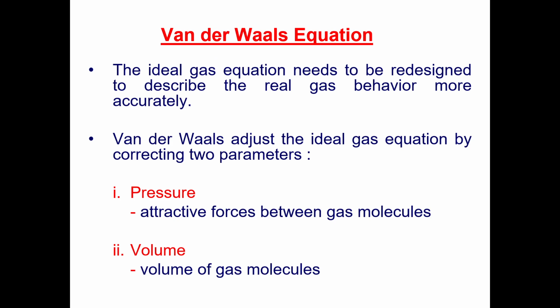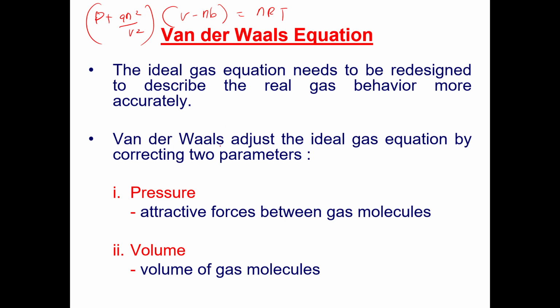Okay, so according to Van der Waals equation tadi, kita ada P plus an square over V square times V minus nb equal to nRT. Okay, so disebabkan ada perbezaan untuk ideal and real gas, so kita akan adjust by, okay, yang ni, the ideal gas equation need to be redesigned.